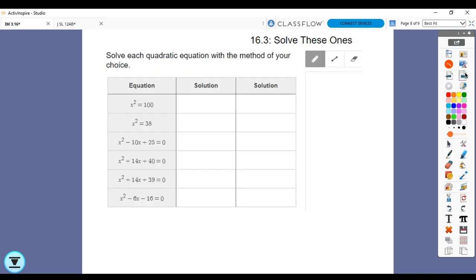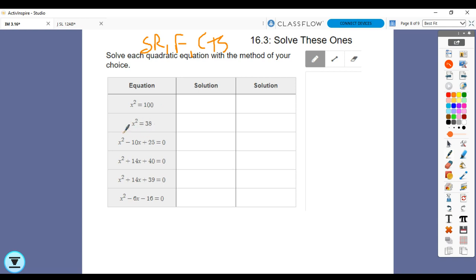Okay, so these are just several different methods. You can use your square roots, factoring, or complete the square. So think about what would be the easiest way to get x by itself here.